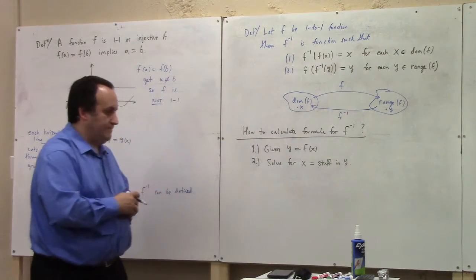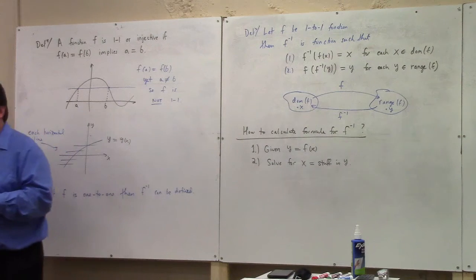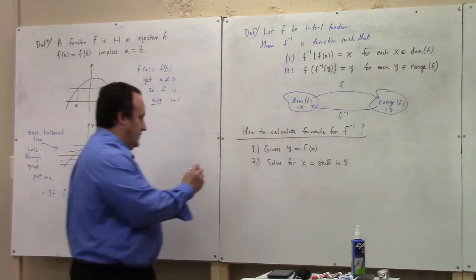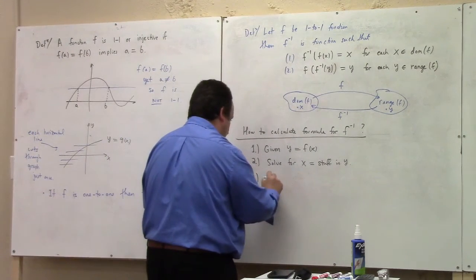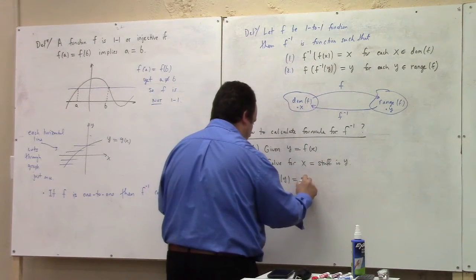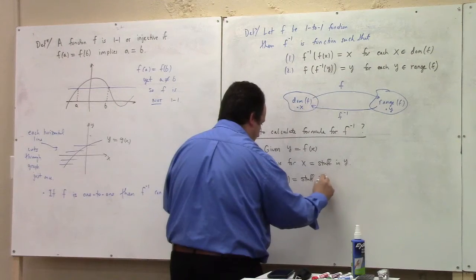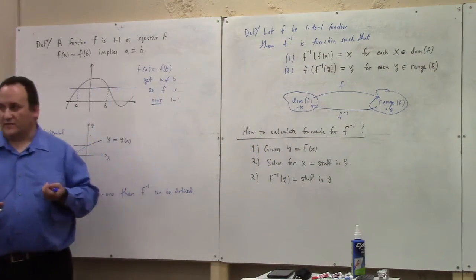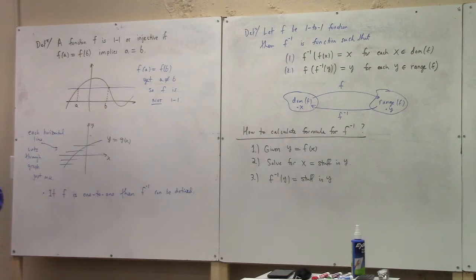That stuff in y defines f inverse of y. So three, f inverse of y is equal to stuff in y. If you want a formula in terms of x, at that point you can just switch the y to x again at the end.